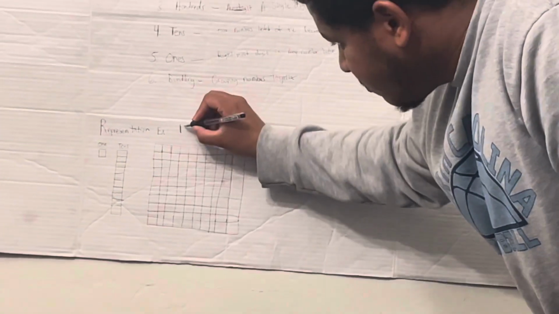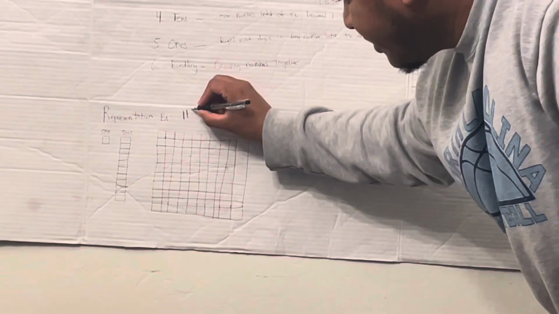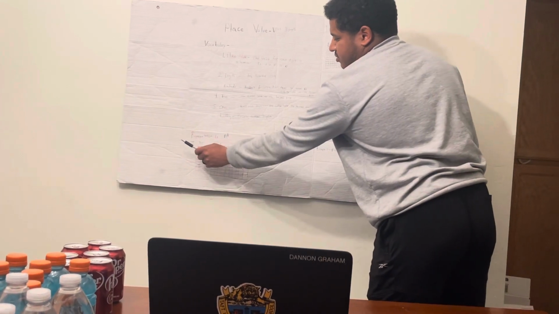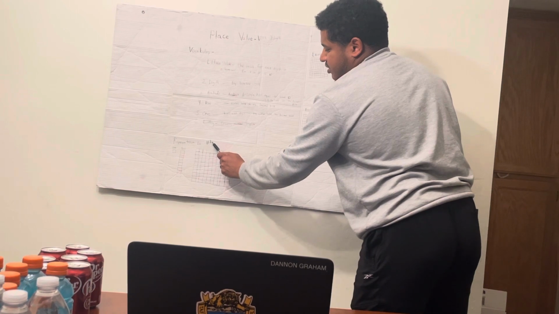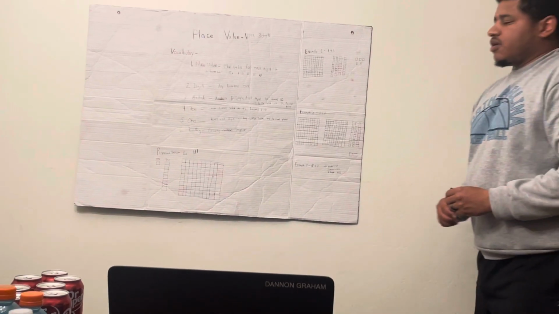How many 10s do we have? 1 ten. And how many 1s do we have? 1 one. So that would be represented as 1 hundred, 1 ten, and 1 one.